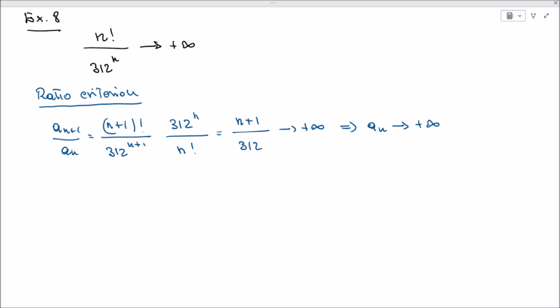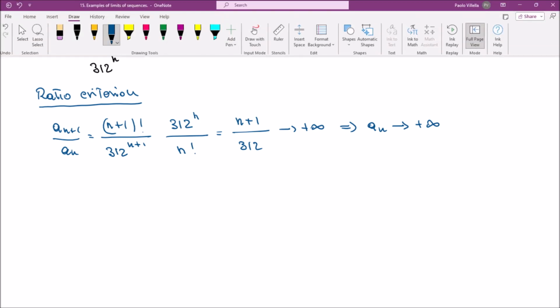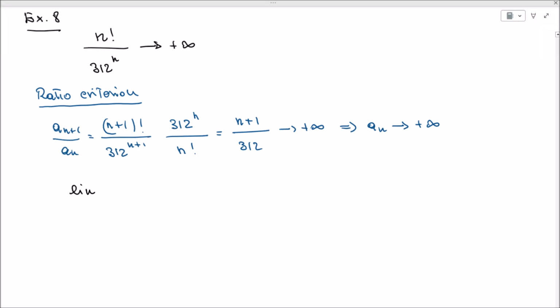Okay, so we have another important result here. This can be generalized easily. So we can say that the limit as n goes to infinity of the factorial divided by any a to the n is always plus infinity for every a larger than 1.